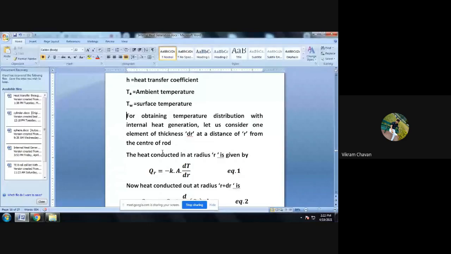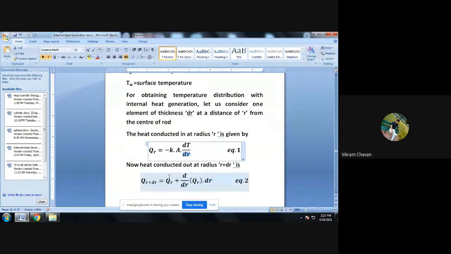So instead of dx, in case of a rod, we have to consider dr. So our heat conducted in the element at a radius r, at a distance r from the center, is given by q suffix r is equal to minus k multiplied by A multiplied by dT divided by dr. That is our equation number 1. Write this down.